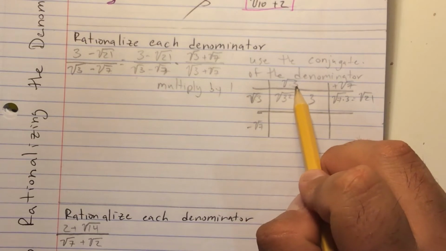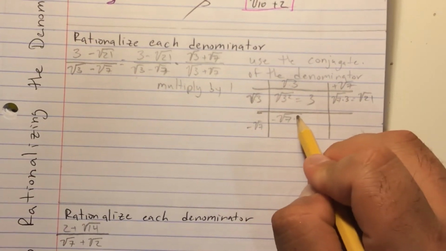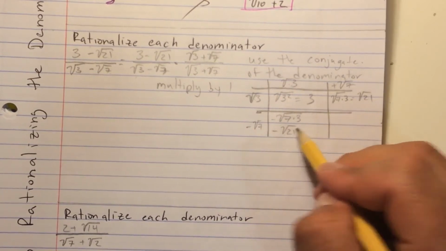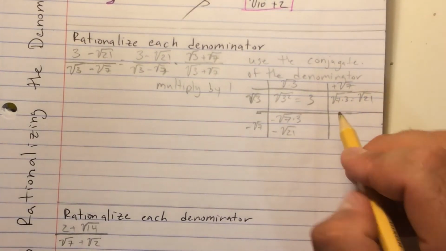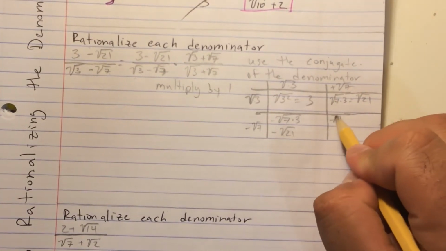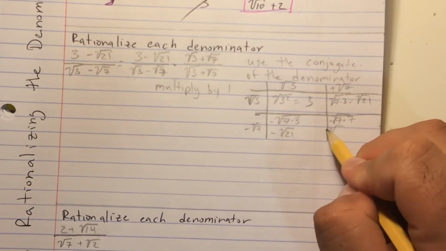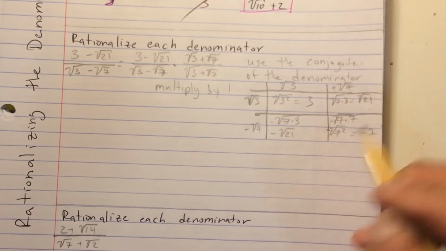Then we have our negative radical 7 times radical 3, which gives our negative radical 21. And then we have our negative radical 7 times radical 7, which gives us negative radical 7 squared, which gives us negative 7.